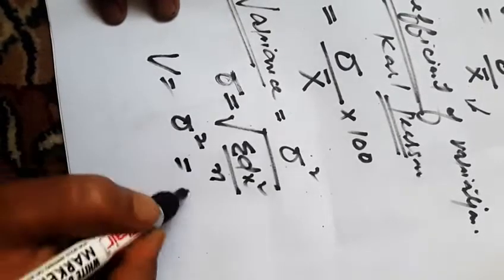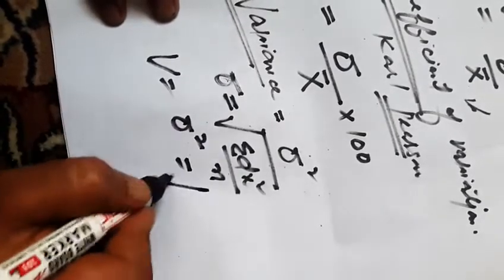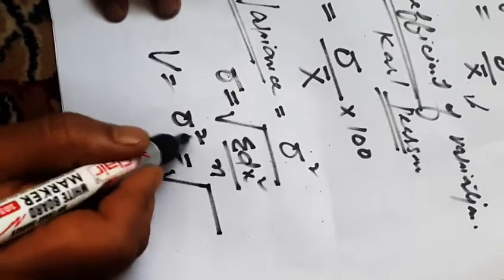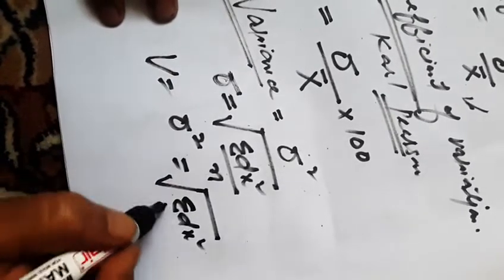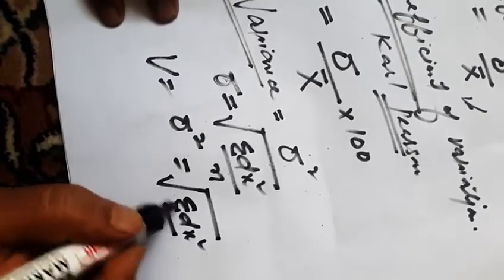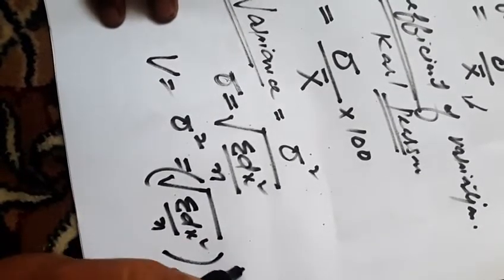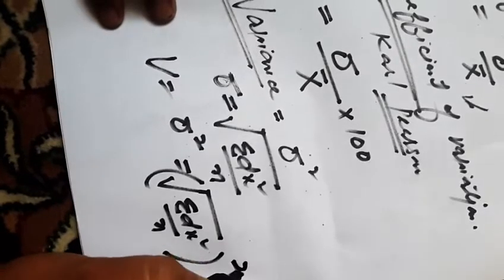If we apply the formula of standard deviation, which is the root of summation of dx square divided by n, and we square it, the root and the square cancel. So this is simply variance.